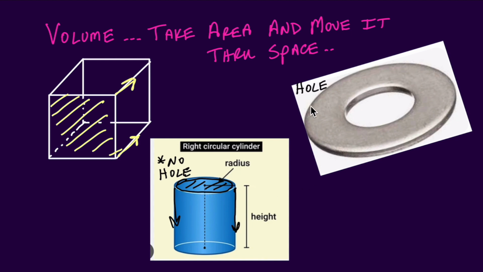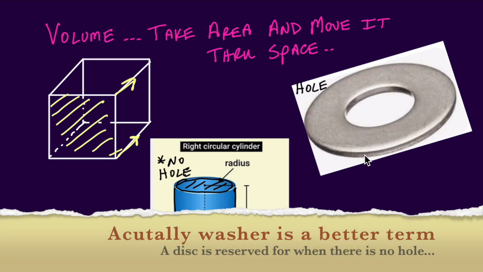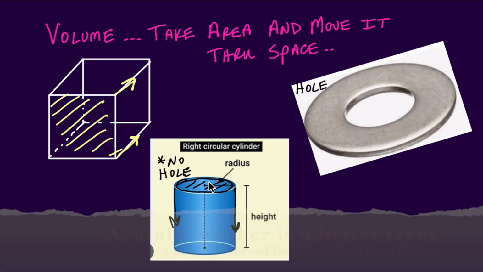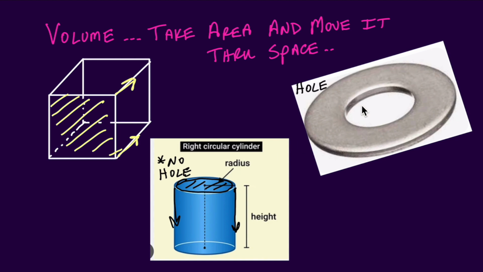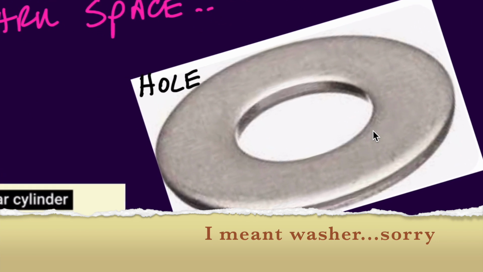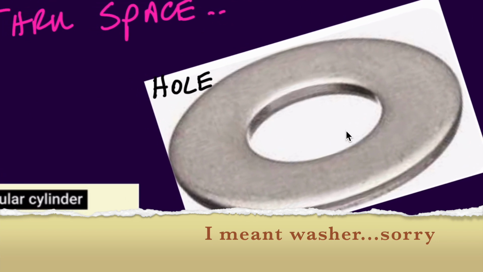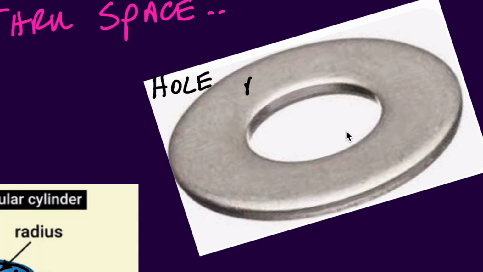Now, look over here with this washer. This washer, otherwise called a disc, has three dimensions and it also has a hole. Unlike the right circular cylinder, no hole, this has a hole. Here, when we consider taking the volume of a disc later on in the video, we're going to find this area here of this rim, if you will.